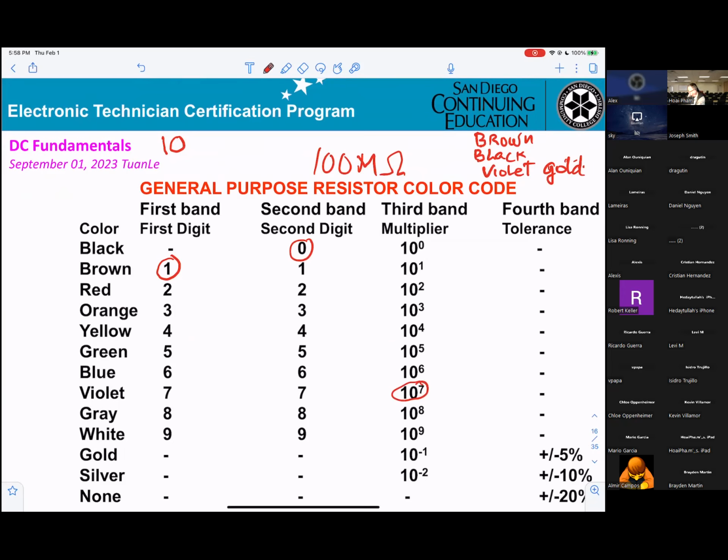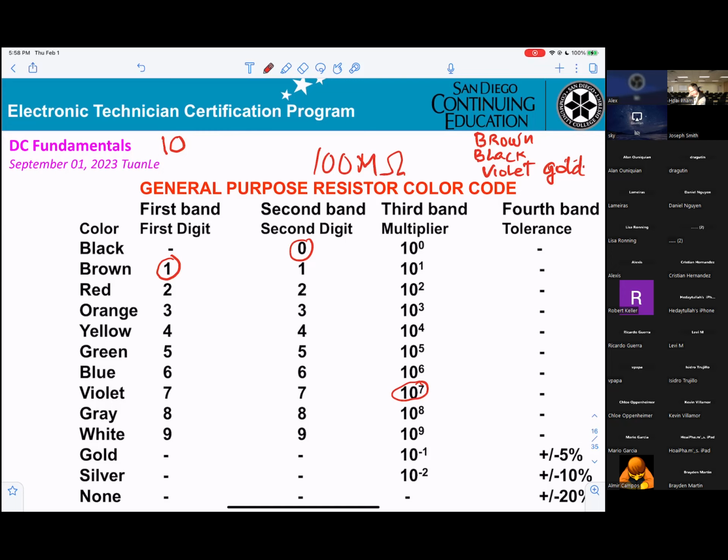That gives you 10 times 10 to the power 7, which is the value 100 mega ohm.